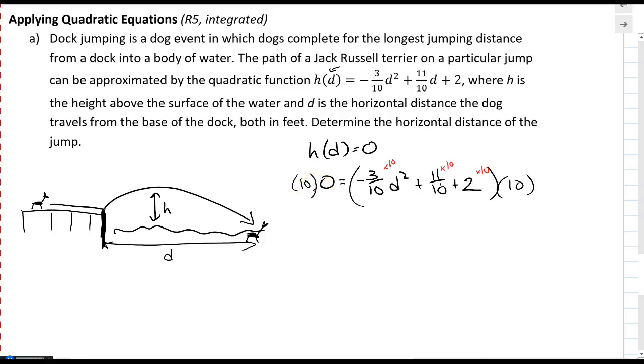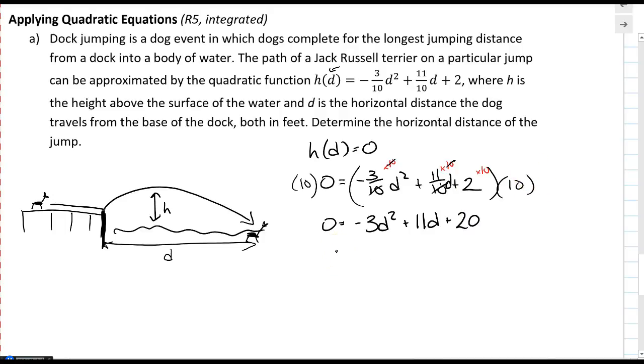Anything multiplied by 0 is 0, so my left-hand side stays the same. But now I've got 10 divided by 10, 10 divided by 10. So the only one I'm actually going to be multiplying by and getting a different value for is my third term. So I've got -3d squared plus 11d, oops, left that out of that one, and plus 20.